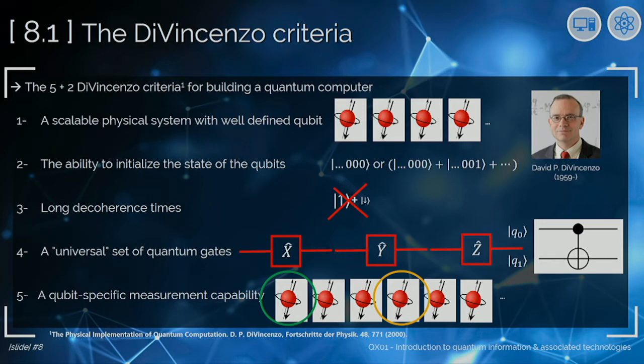Whatever gates your system gives you, as long as you have a universal set of single qubit and 2 qubit gates, then you're okay. And that, yet again, is not something that can be easily implemented in a lot of physical systems.